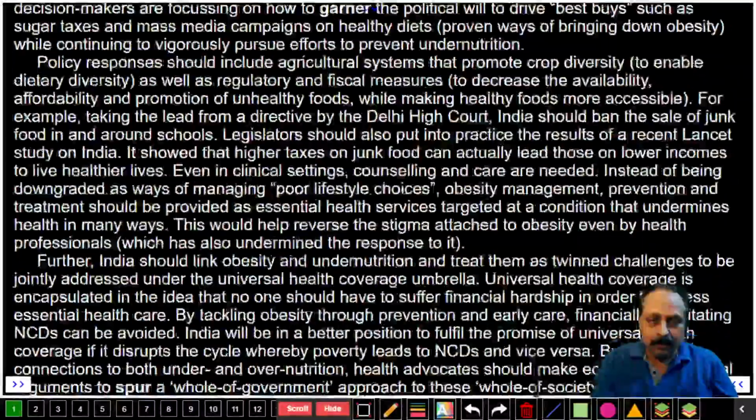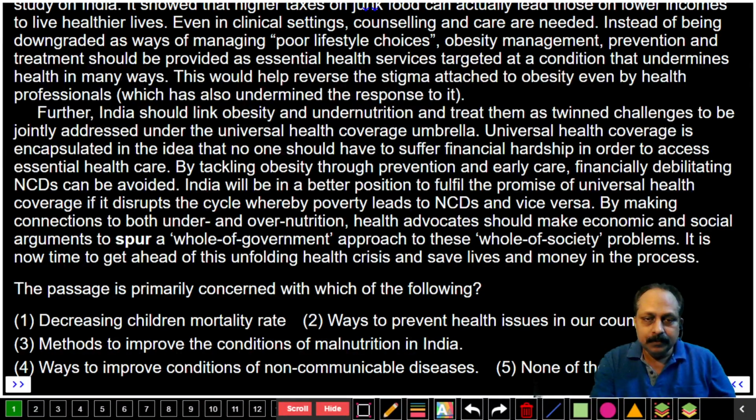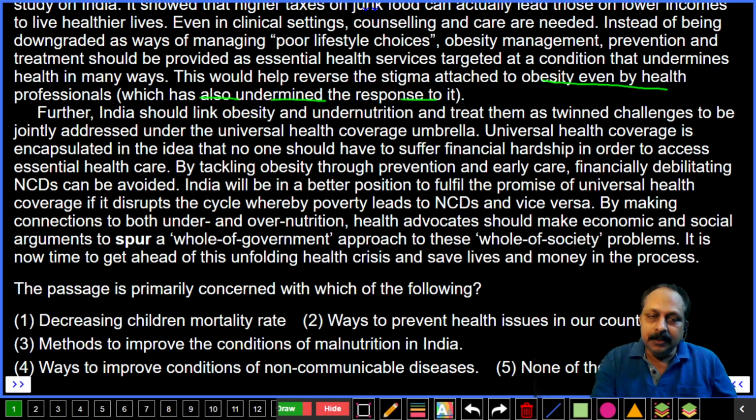Question number one. The passage is primarily concerned with which of the following? Decreasing children mortality rate. As I said, it is not about mortality, it is about nutrition. And based on that, impact of that, ways to prevent health issues in our country. It touches a lot of problems related to nutrition.